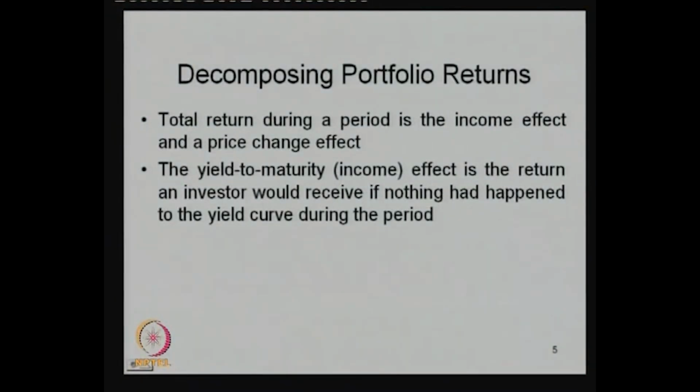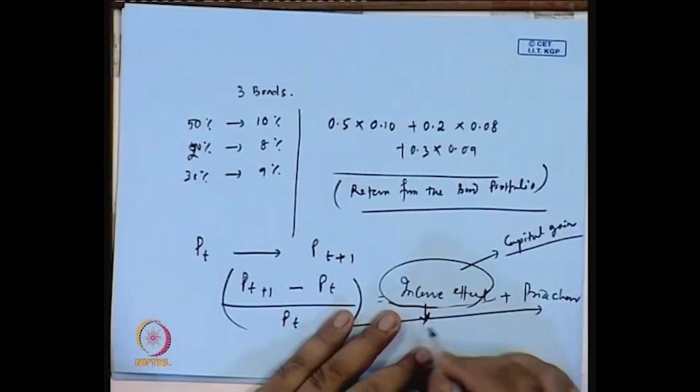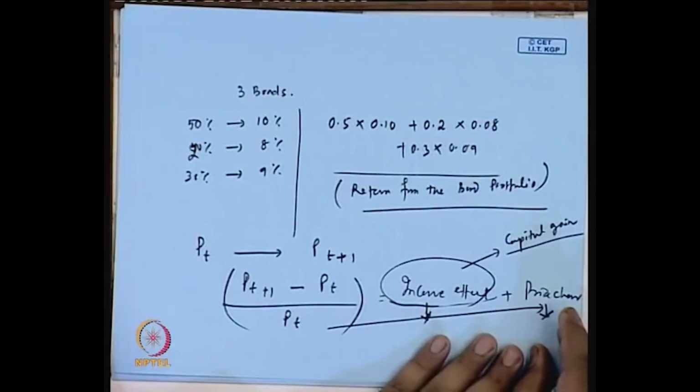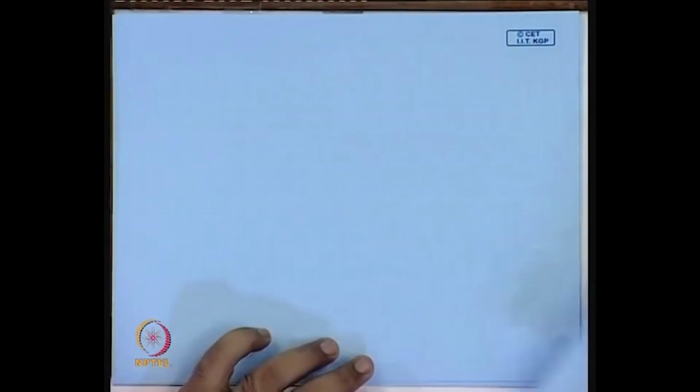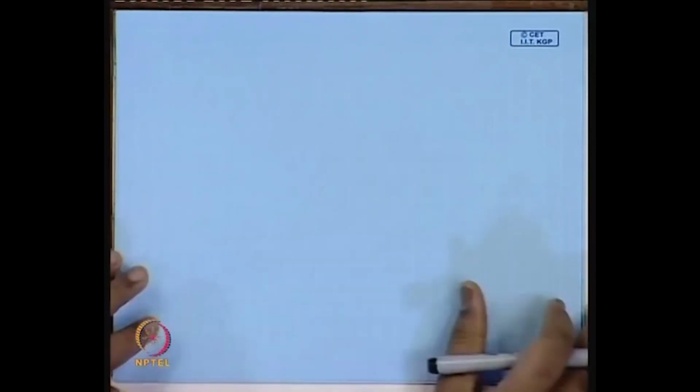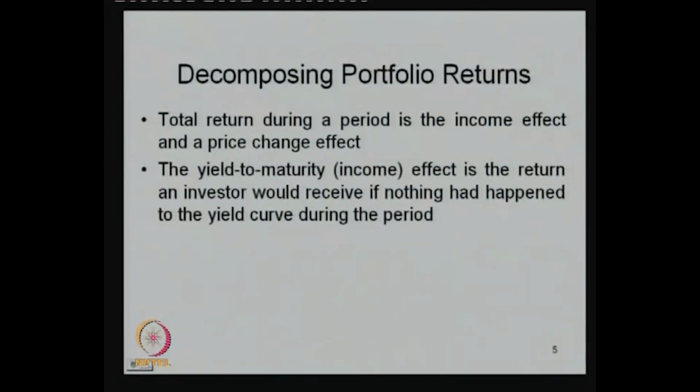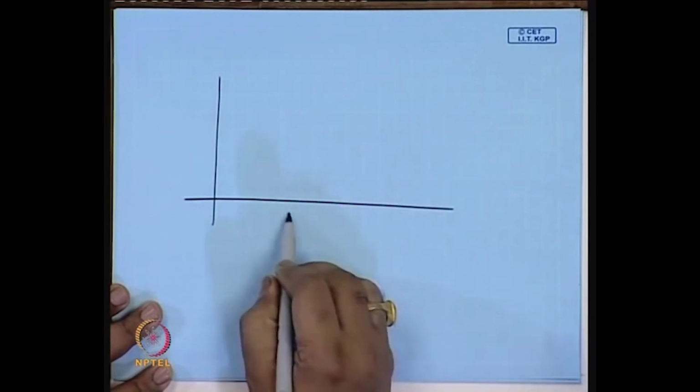So, which are the factors which affect your income and which are the factors which affect your price? These are the factors more responsible for calculation of the bond returns. One is the income effect, which is nothing but the yield to maturity, the return an investor would receive if nothing had happened to the yield curve during the period.